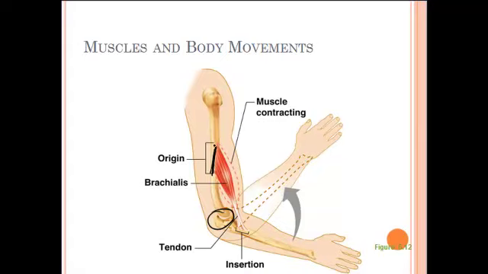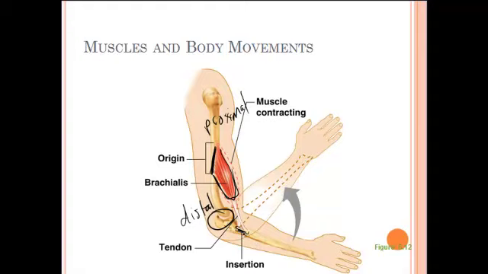This is called the origin. And then it comes across that joint, and this is where we have the insertion. Here's the majority of the muscle, the bulk of the muscle. Notice that it's proximal. So this is our proximal end of the bone, and here's distal end. So the majority of the muscle is on the proximal side of this joint.